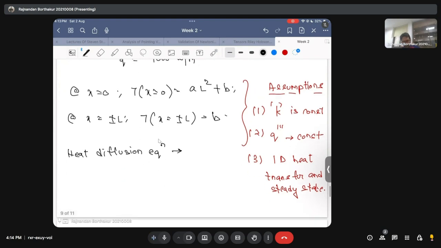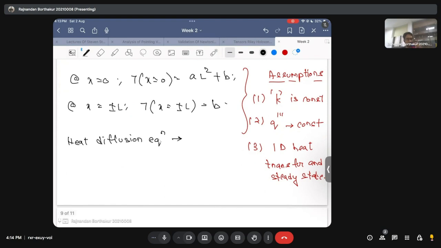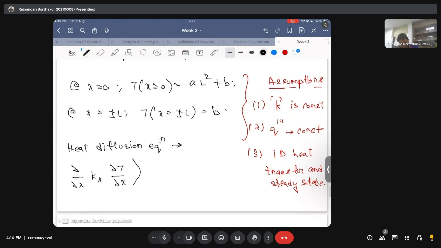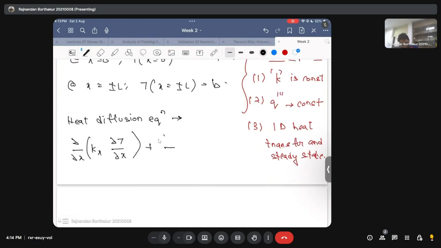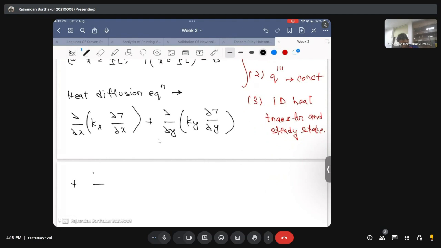to calculate K. So the most general form of the heat diffusion equation is something like this: del/del x of (Kx del T/del x), plus del/del y of (Ky del T/del y), plus del/del z of (Kz del T/del z), plus Q double prime, that is the heat generation, is equal to rho Cp del T/del t.